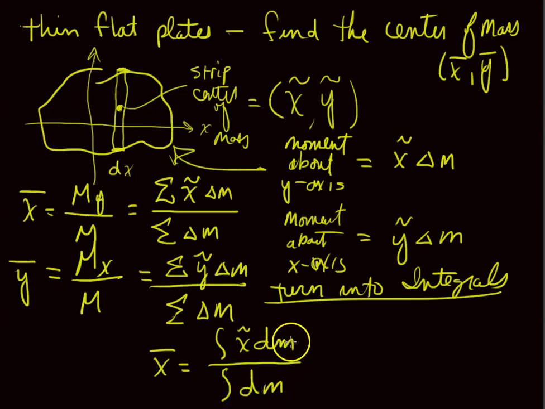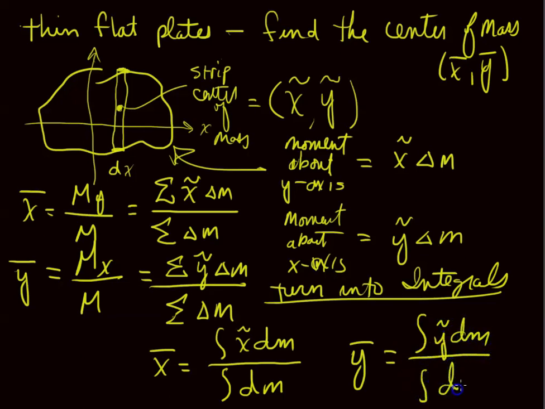Now this dm is the mass stuff, so it's not dx yet. It's not dy yet. And y bar is the integral of y tilde dm over the integral of dm. So that's how we're going to find the center of mass at x bar, y bar.